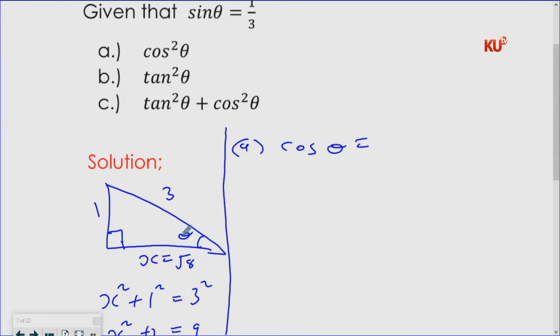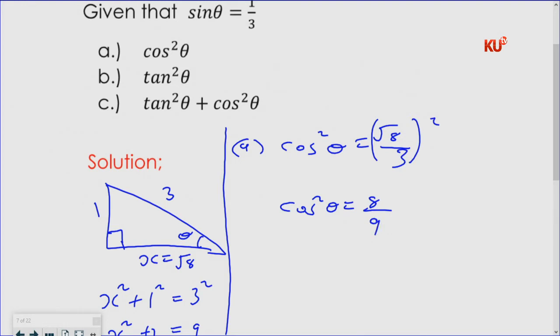Adjacent side to this theta is this side, which is root 8, over hypotenuse, 3. But our question was cos squared, so we need to square this. Therefore, cos squared theta is equal to, the square will cancel out the square root, 8 over, this square is affecting also the denominator, so you have to square 3, you get 9.